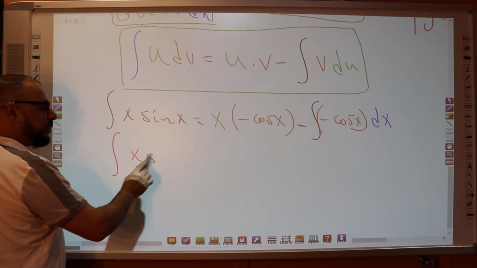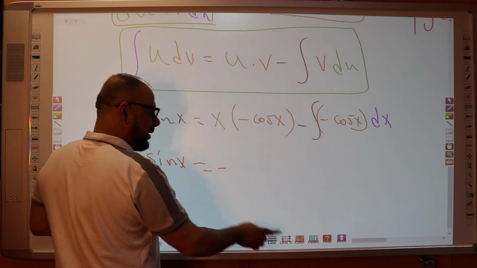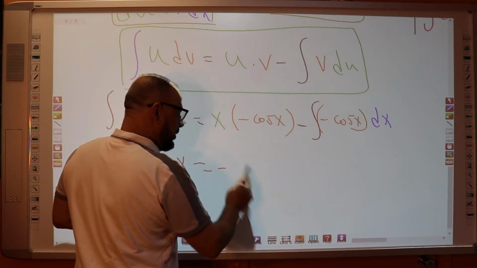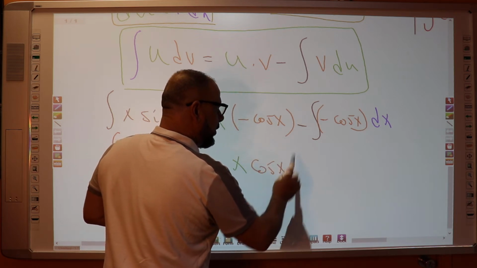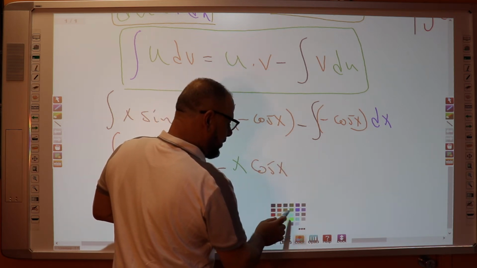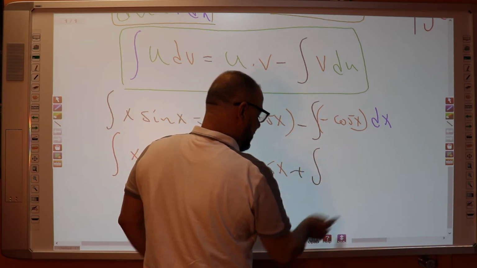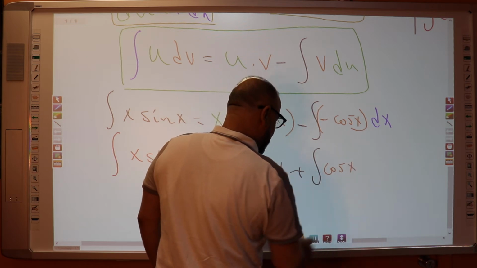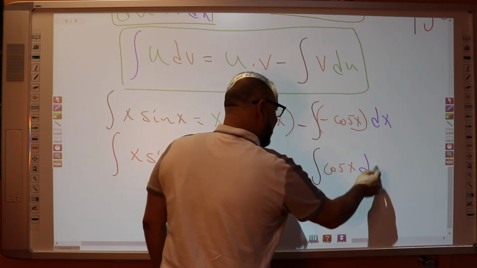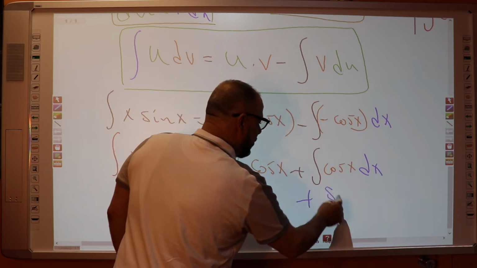We need the integral of x sine x, and this becomes negative x cosine x plus the integration of cosine x dx, which is now easy. The integral of cosine is sine x.